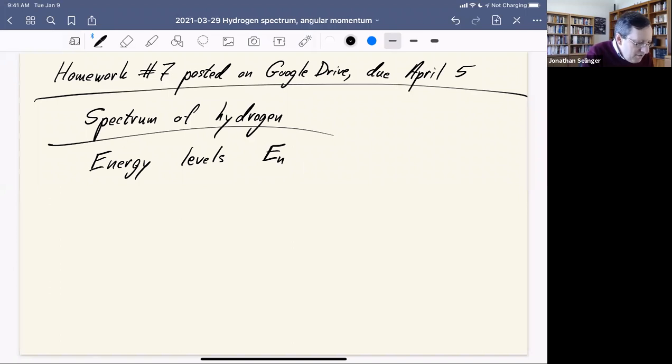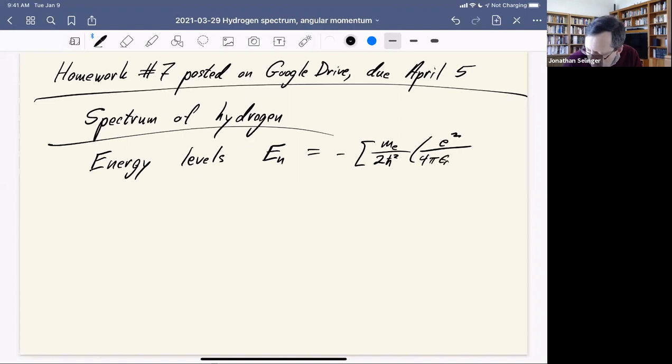Okay, and so in general, the expression for this is the negative mass of the electron over 2 h bar squared. And then we have this electron charge squared over 4 pi epsilon naught squared, and then divided by 1 over n squared.